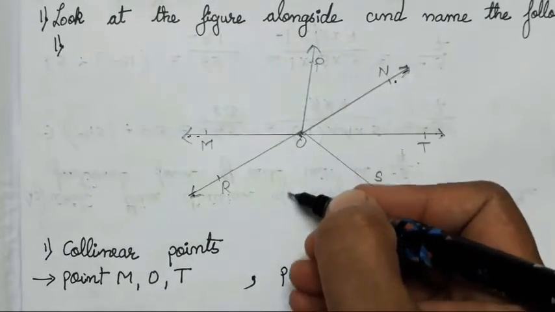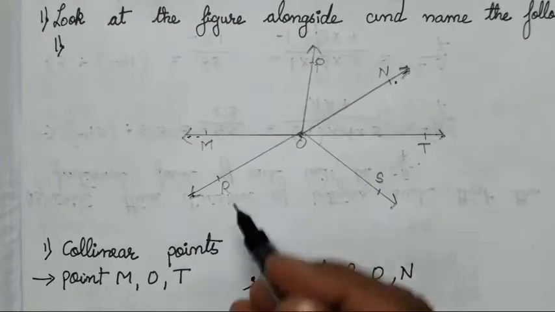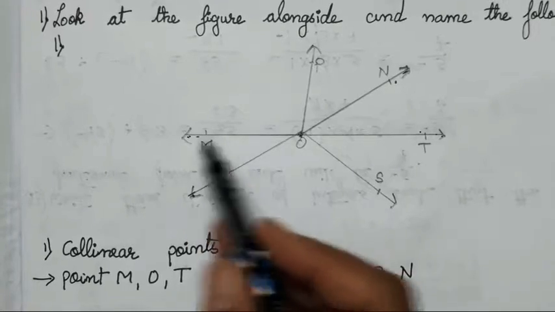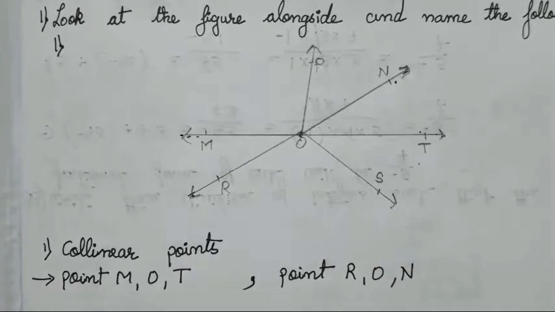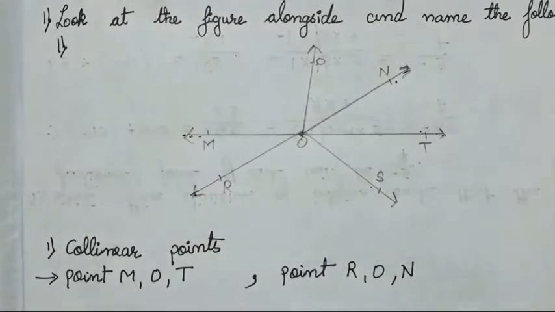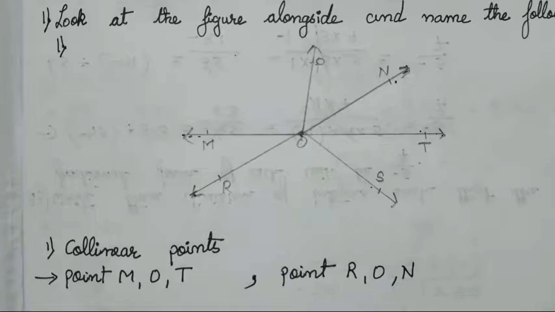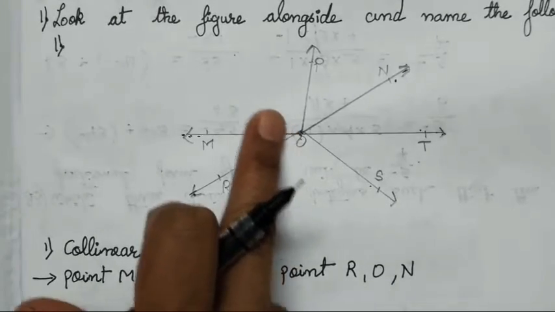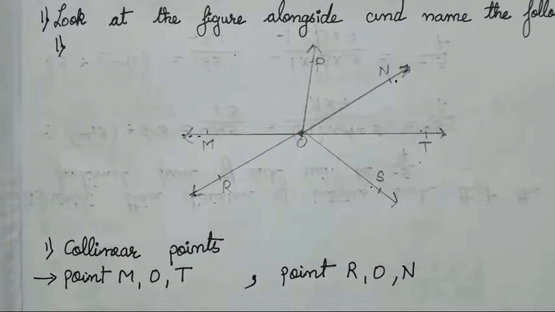Line can be extended from here, isn't it? Then OT, this also is being extended over here. OS, this also can be extended over here. As I said in the start, if a dot has been given, we can extend the line. Okay, so don't get confused.